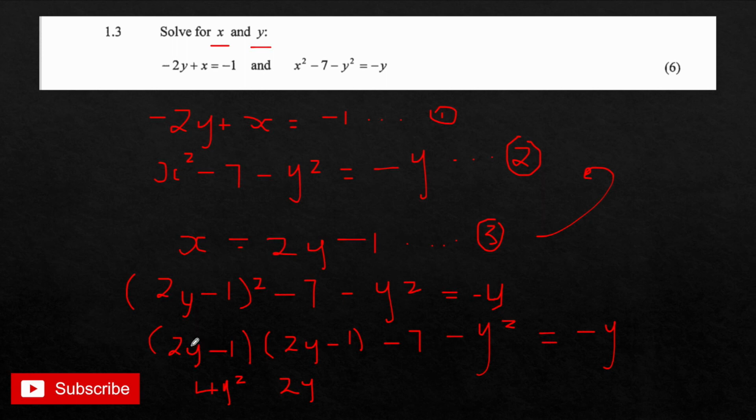So 2 multiplied by 2 is 4y squared. 2 multiplied by minus 1 is minus 2y. And then minus 2y again. And then plus 1 minus 7 minus y squared. Let me bring the other y to the other side. It will be plus y equal 0.